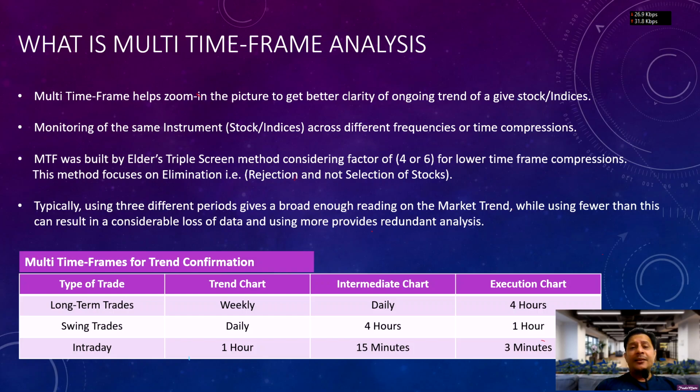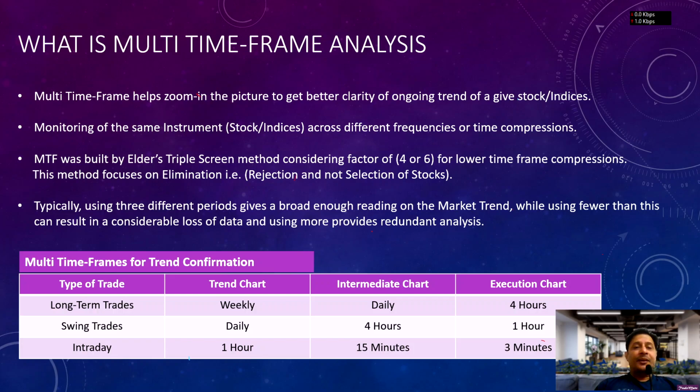Another important thing to look at is that most indicators tell you which stocks need to be traded, whereas with multi-time frame analysis you are in a position to eliminate the stocks which do not fall within your defined set of rules or the method that you want to adopt. So it's more a process of elimination than a process of acceptance.